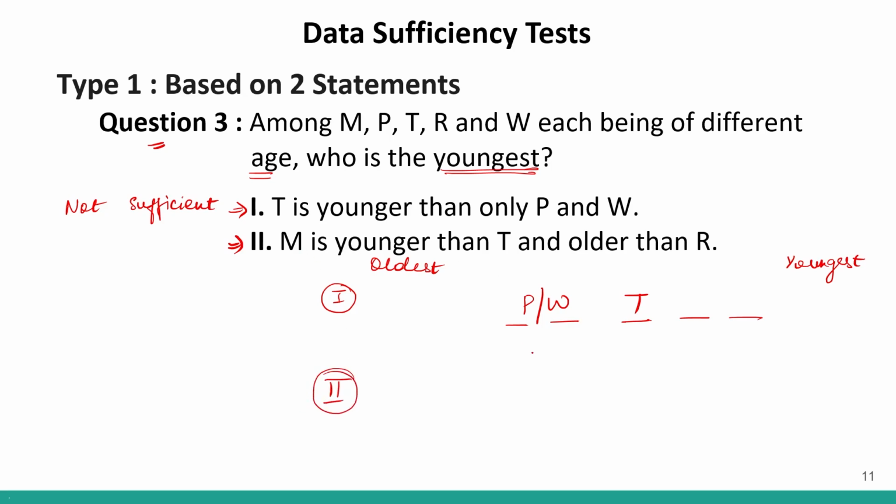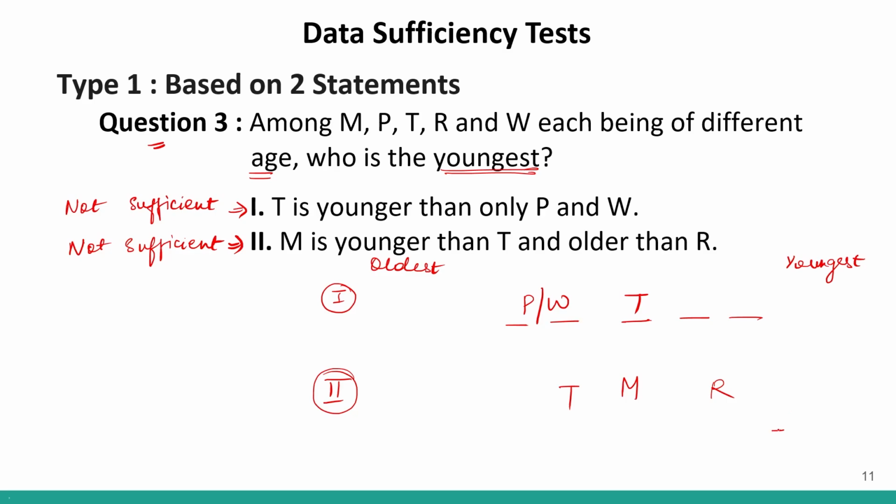Statement number 2 says that M is younger than T and older than R. Again, based on this statement, I cannot identify who will be the youngest because nothing is mentioned about P or W. So statement 2 is also not sufficient alone.